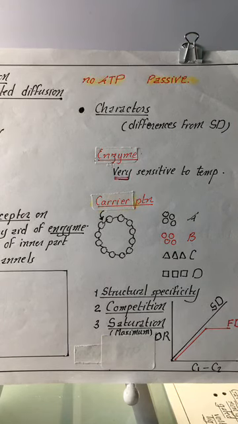The three types of diffusion, all of them are passive. They do not need ATP. Now we come to the third way of diffusion, which is osmosis.